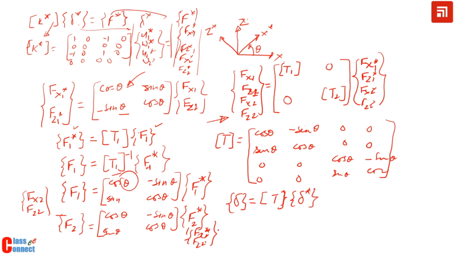So delta star is given by the transformation matrix inverse and delta. Next we will substitute these into the element stiffness matrix in the local coordinate system so that we get the values in the global coordinate system.